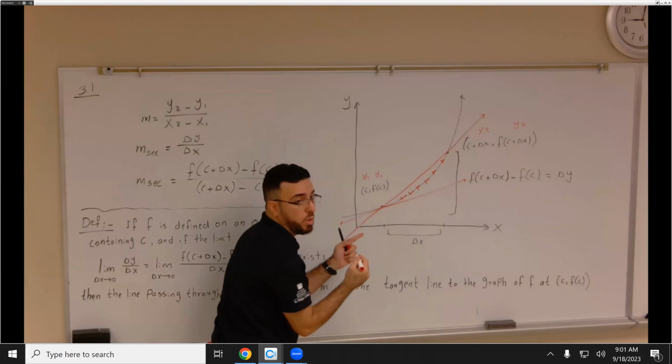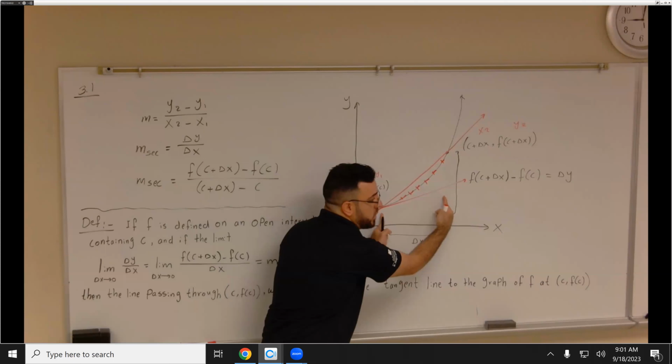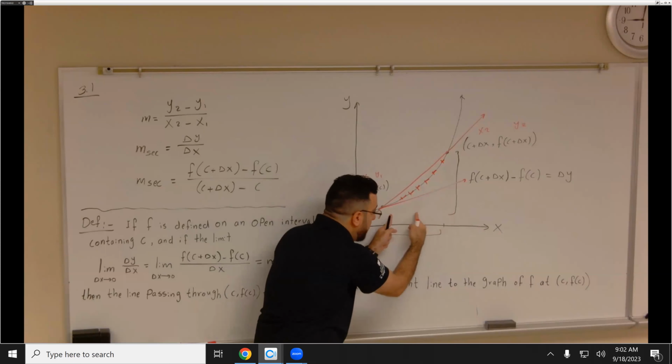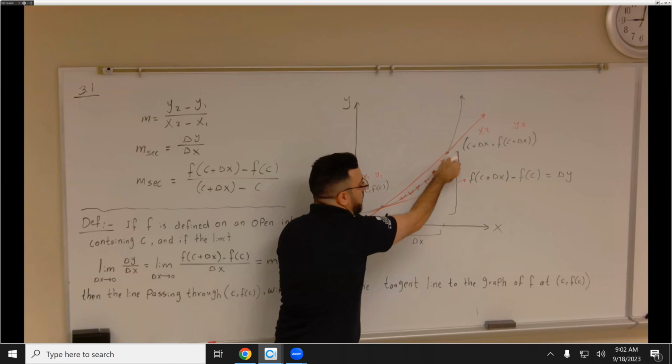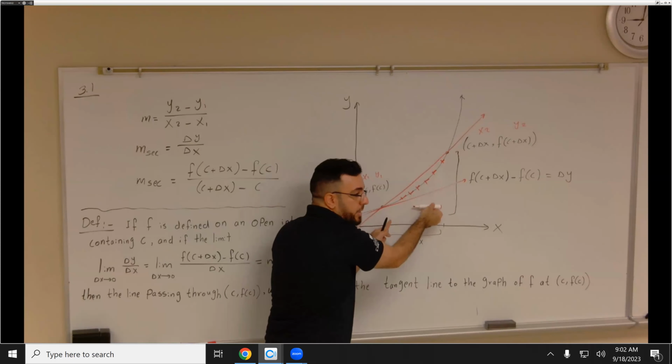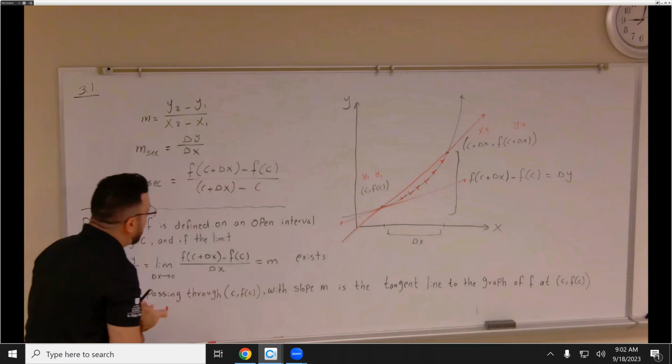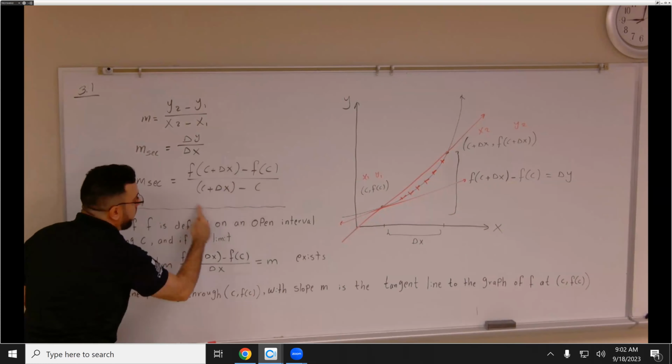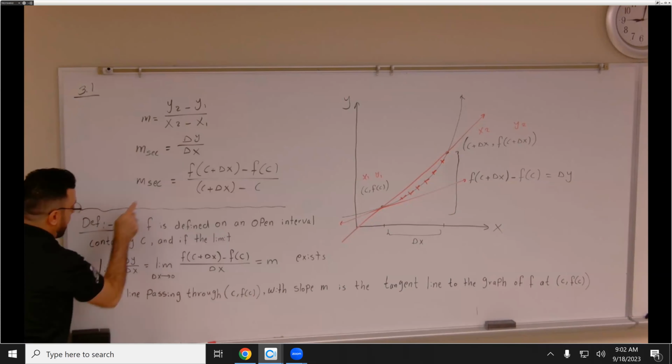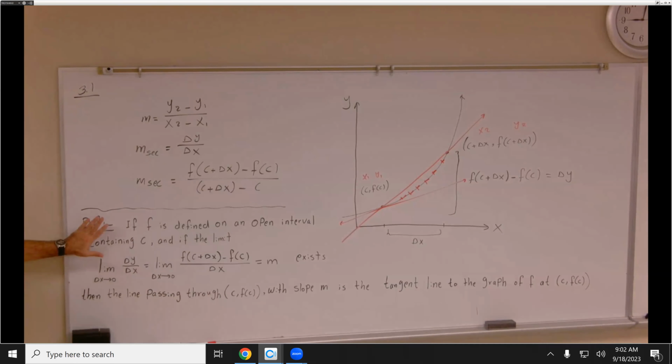To zero. So when the distance between these 2 points goes closer to zero, talking about delta x, the secant line goes closer to the tangent line. So that's why we're going to take the limit for the slope of the secant line. That's what we're going to use.